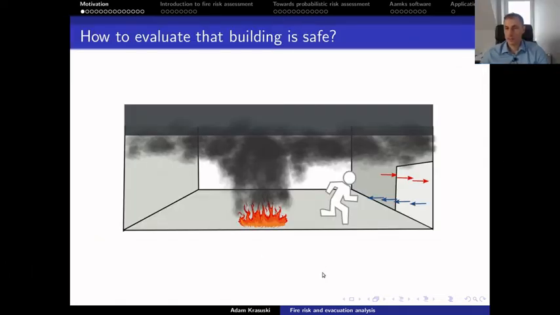Okay, let's just start with some question. How to evaluate that building is safe? If we think in a category of prescriptive-based design, we may say that building is safe if it is compliant with standards and codes. Standards and codes are manifestation of collective knowledge gathered in fire safety domain.